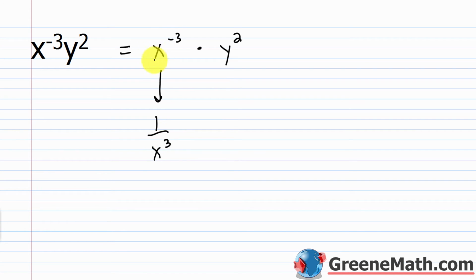I have the base here, which is x. I take the reciprocal of that, so I get 1 over x. And then x is still going to be raised to a power. I just make that power positive. So instead of being raised to negative 3, it's positive 3. So really what this becomes is 1 over x cubed times y squared, which I can write as y squared over x cubed, because y squared times 1 would just be y squared.